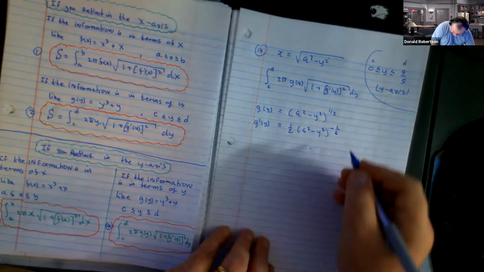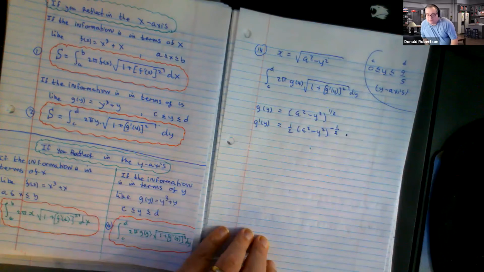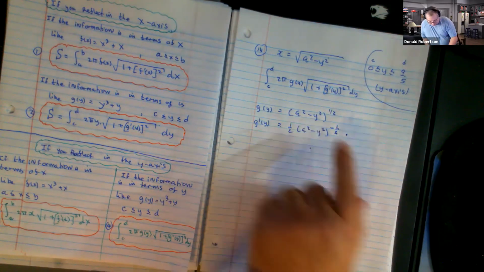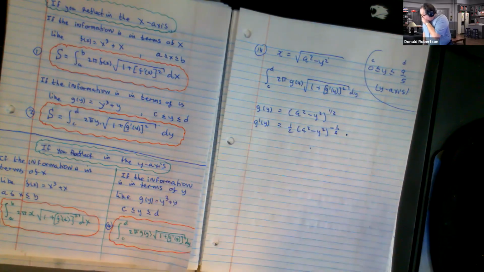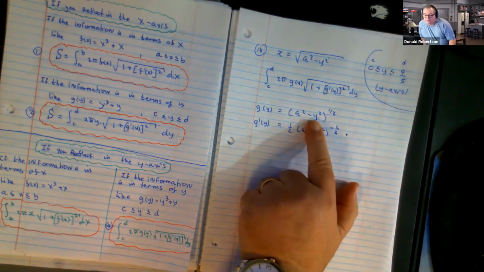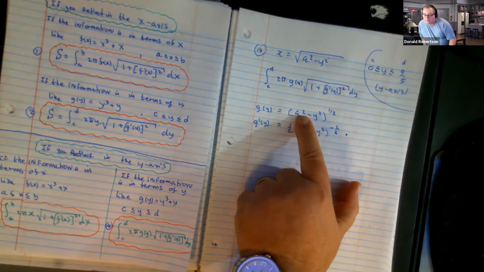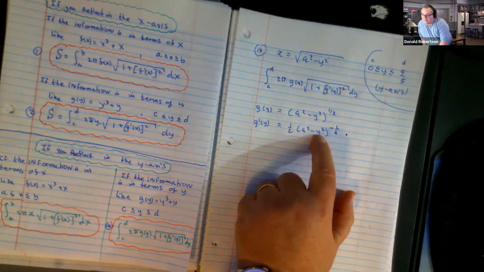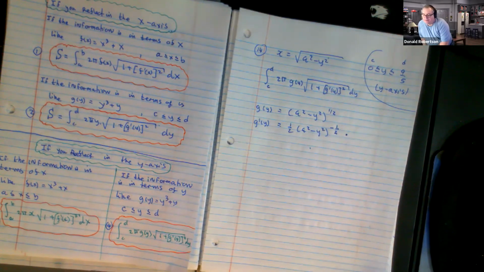But I also have a chain rule going on here. So what do I finish off with? Chain rule.